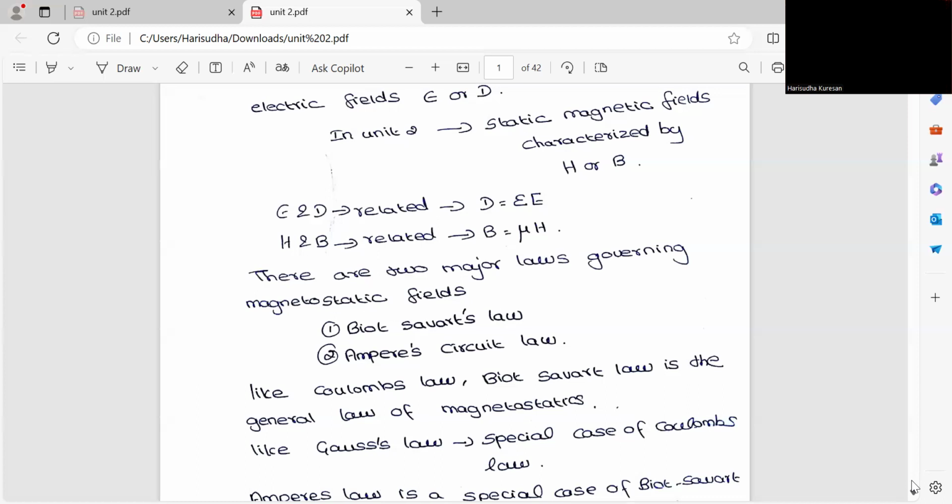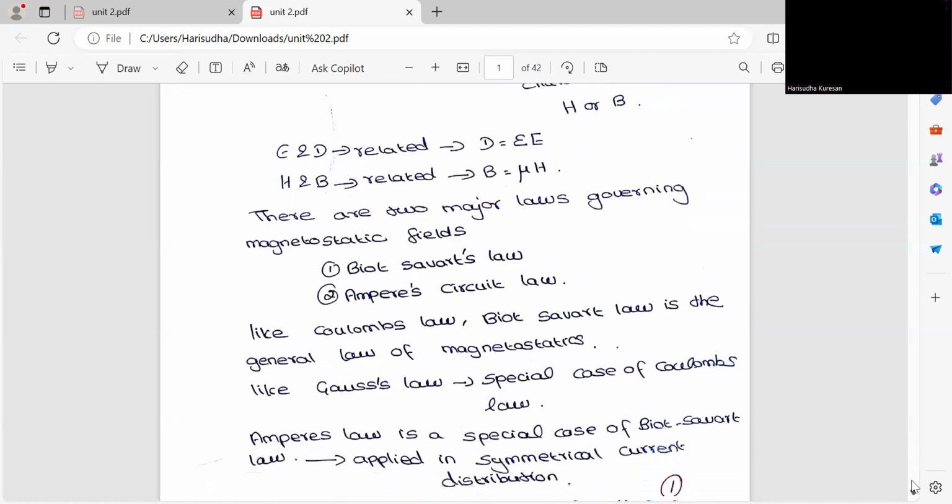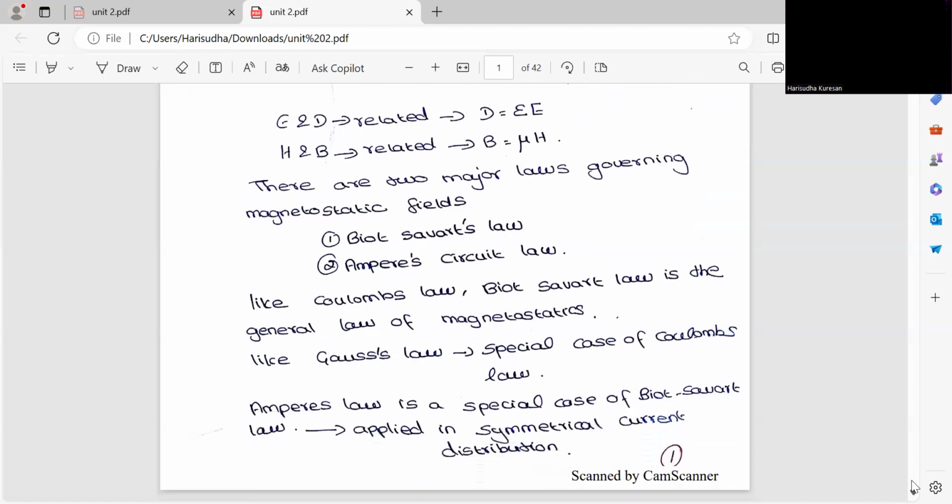How electric field intensity and electric flux density are related is D is equal to epsilon into E. In the same way, the magnetic field intensity and the magnetic flux density are related by B is equal to mu into H.